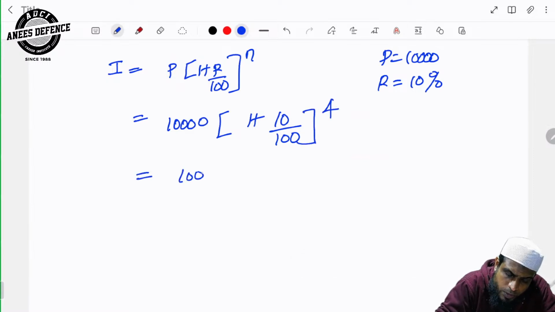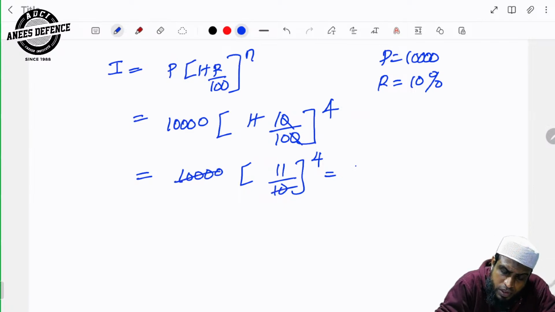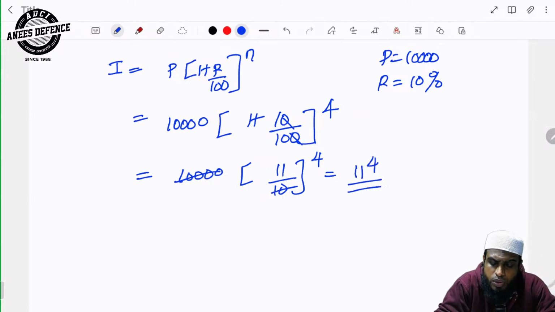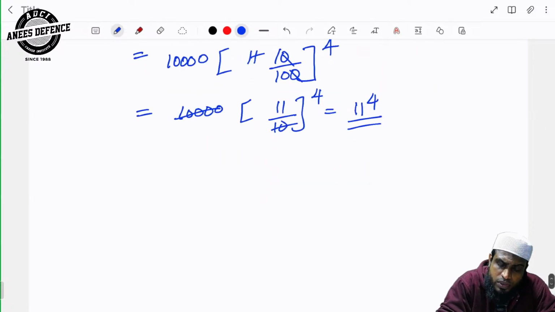So 10,000 into 11 by 10 raised to 4. So 10 raised to 4, and this is also 10 raised to 1, 2, 3, 4. So this 10 raised to 4 and 10,000 will get cancelled. So 11 raised to 4 will be the total amount he should pay after 4 years. So what is 11 raised to 4? 11 into 11 is 121. So 121 into 121.